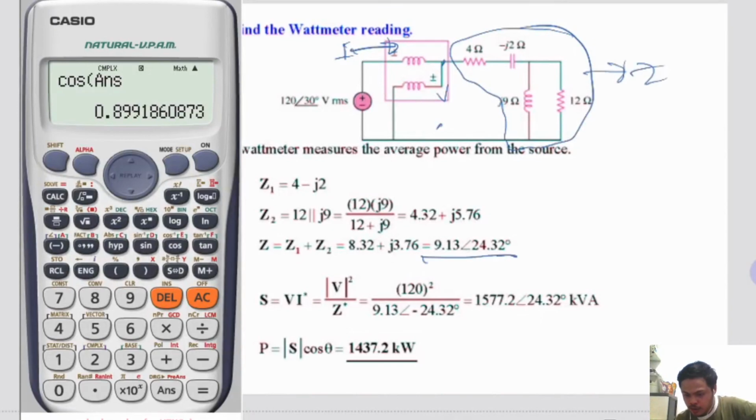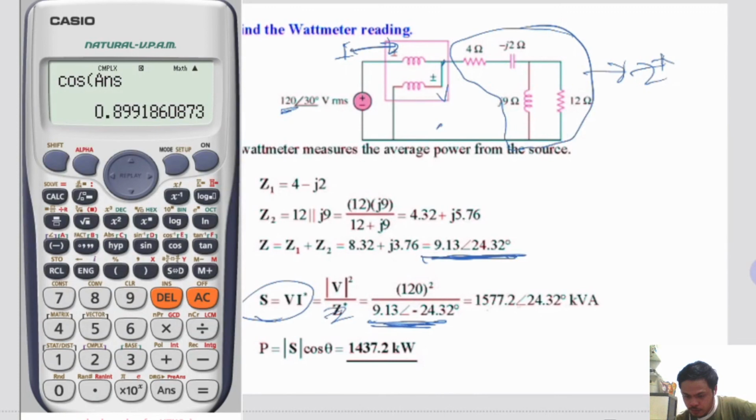After determining the total impedance, we need to apply the formula for S power. You have V squared, 120, divided by the conjugate of the impedance. Here is the conjugate.